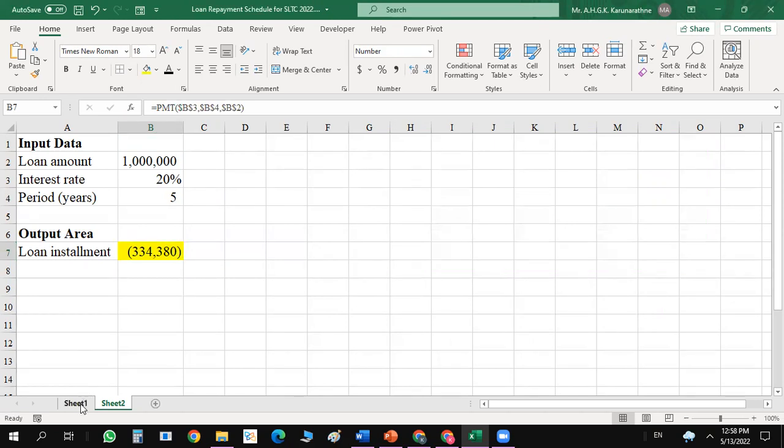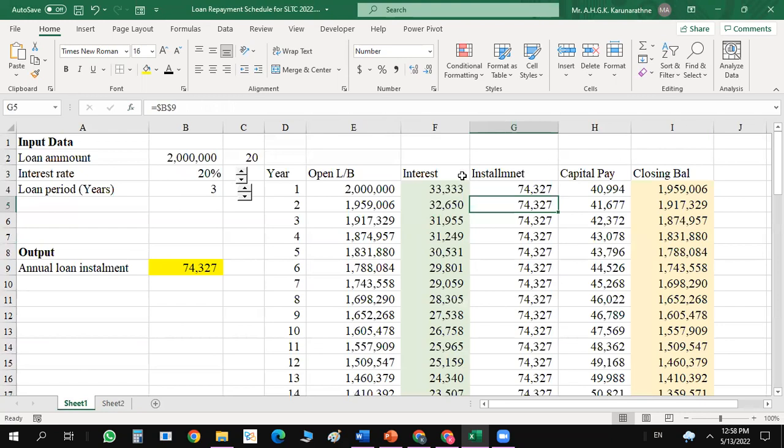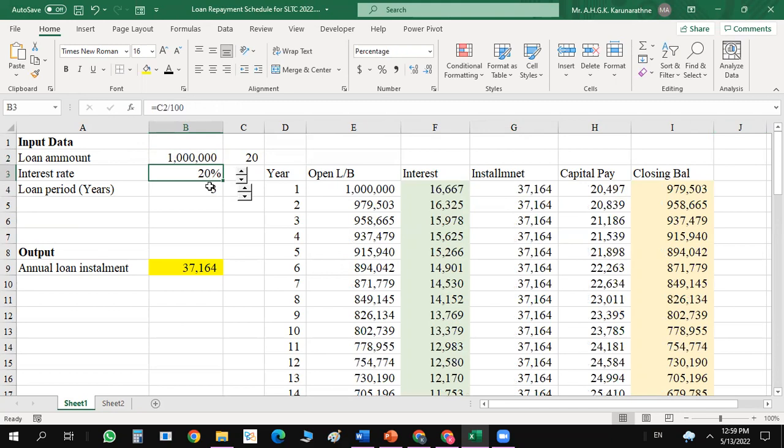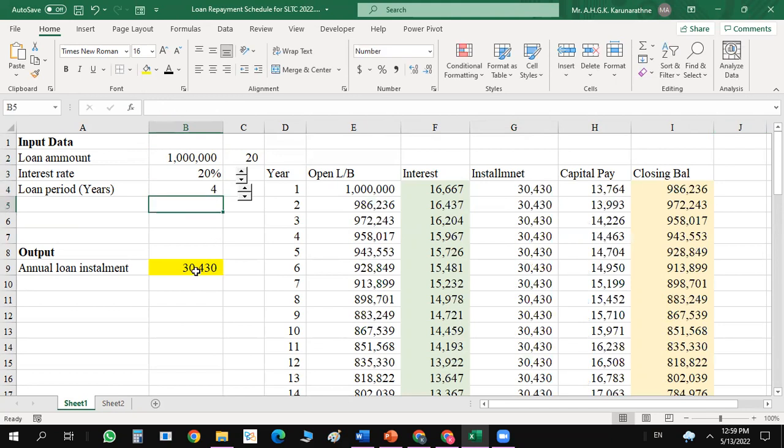334,380. Let's check it from our model, our lengthy descriptive model. We'll make it 1 million, 20%, and number of years 4. Here the rate. Monthly installment, right?